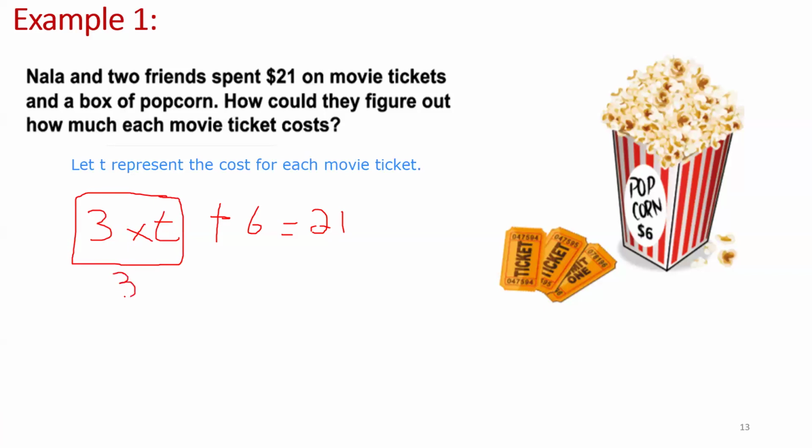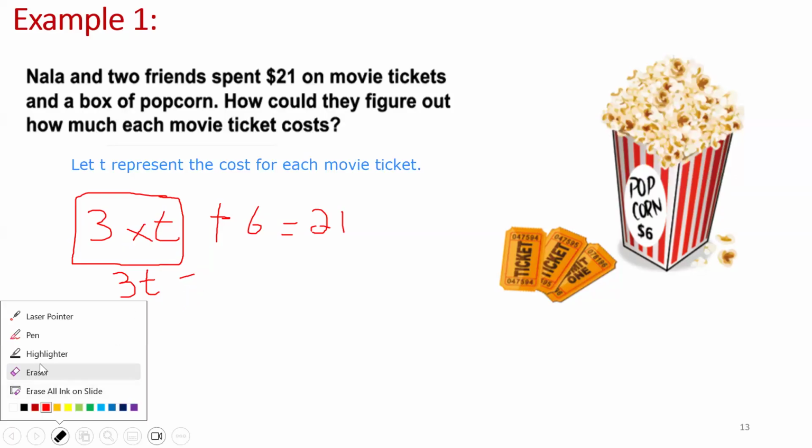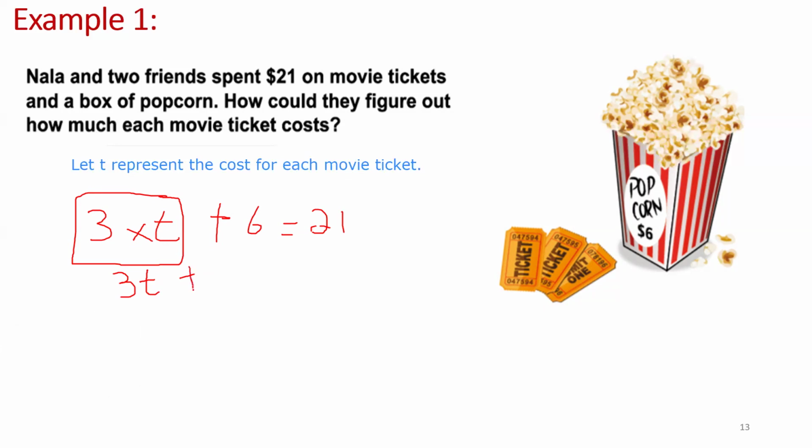The variable, which is the letter written beside the number, implies that you are multiplying. That's not how it is written in algebra. 3T means the same thing as 3 times T. Just rewriting this here, it's 3T plus 6 equals 21.